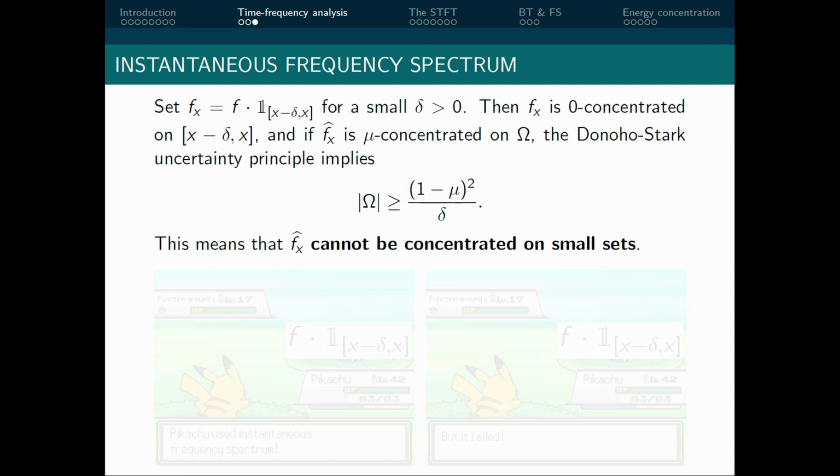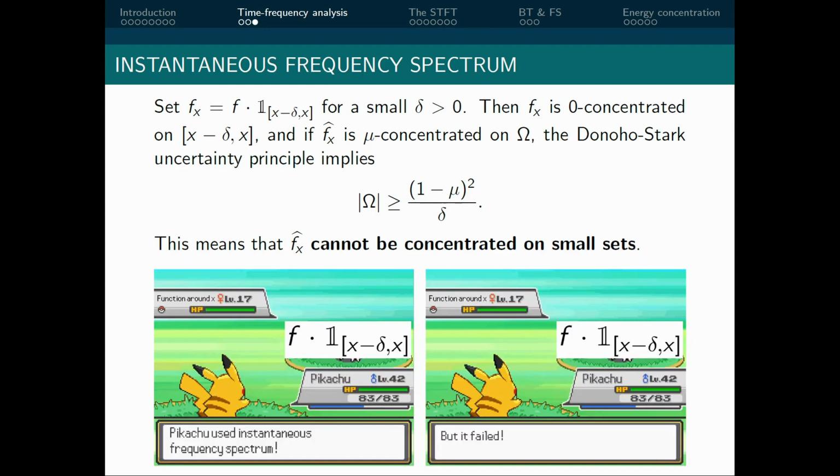Then you're going to have a bound on the support of your frequency, the set of frequencies that you have. If you let delta go to 0 and mu go to 0, that thing blows up. So it's going to be bad. Or in terms that a boomer would understand better, if you use the instantaneous frequency spectrum on these functions, it will fail every time. So we have a sad Pikachu.